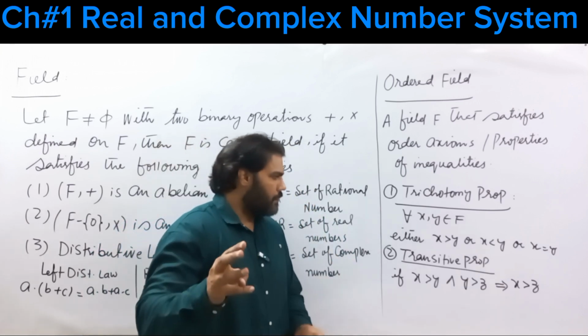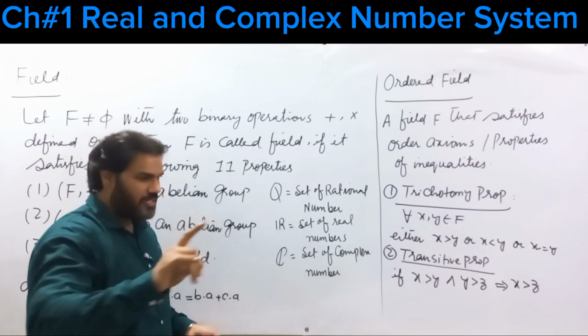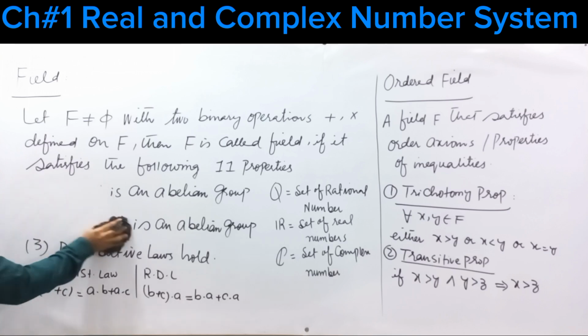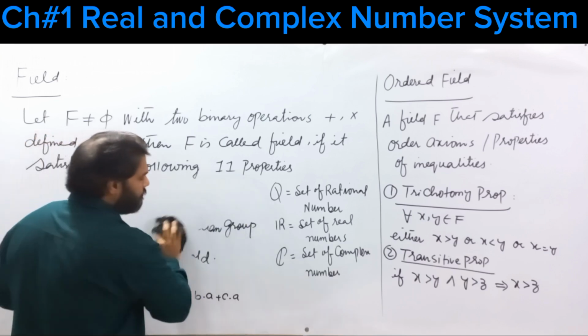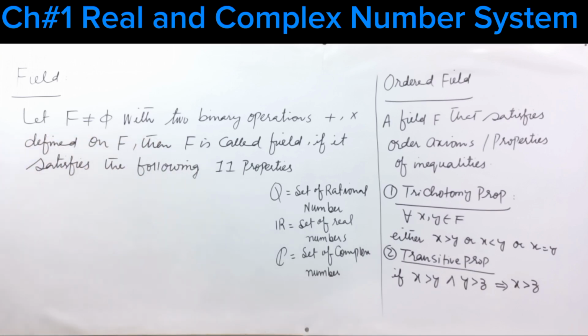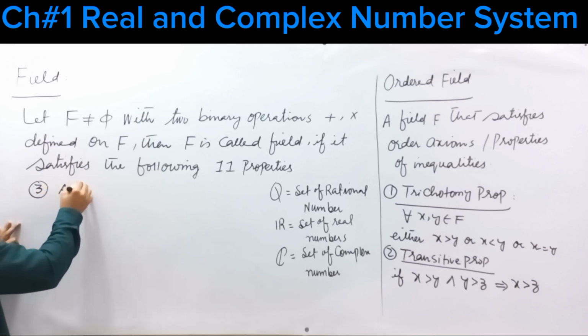Next, in the properties of order axioms, the third property is the additive property.